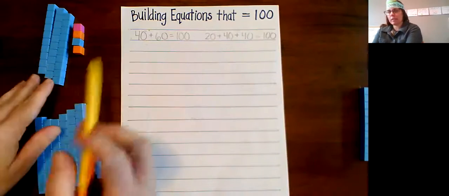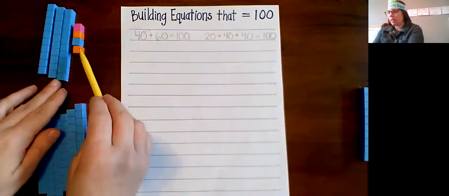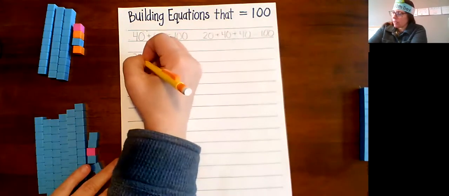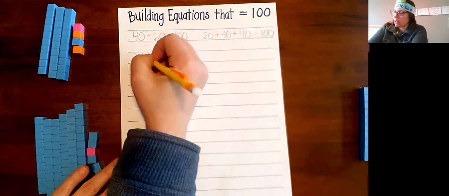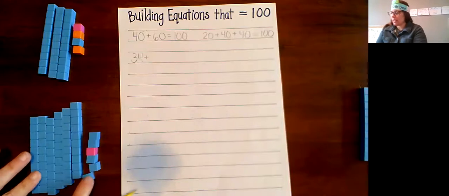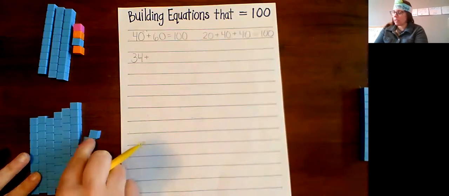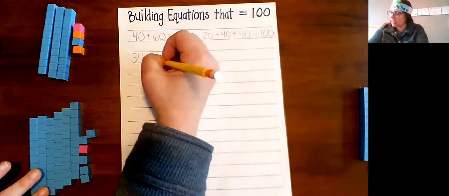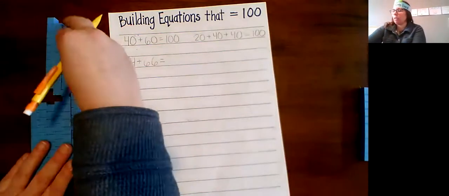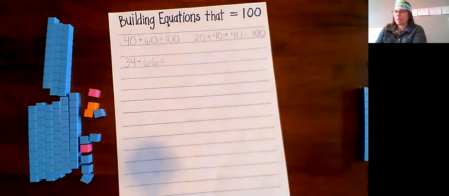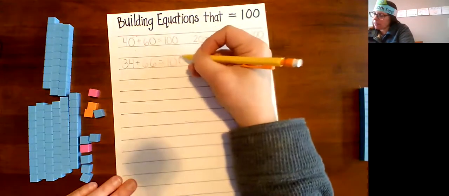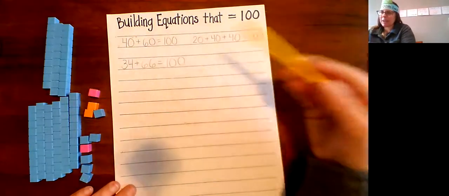Let's record the numbers. 10, 20, 30, 31, 32, 33, 34. 34 plus 10, 20, 30, 40, 50, 60, 61, 62, 63, 64, 65, 66. 34 plus 66 equals, how many is it when we put all these back together? What was our whole to start out with? 100, right? 34 plus 66 equals 100.